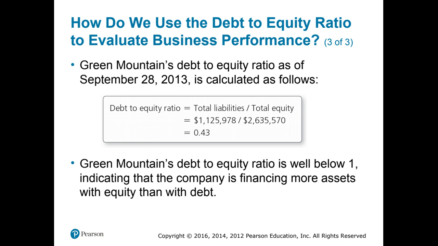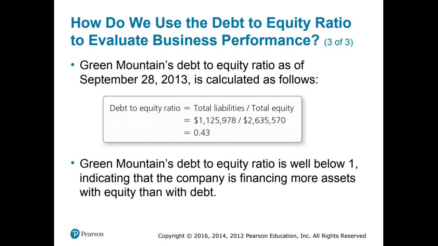All right, so Green Mountain's debt to equity ratio for September 2013 is calculated as follows. So this is a formula, and it's also in your book on page 615. We calculate the debt to equity ratio by taking the total liabilities divided by total equity.